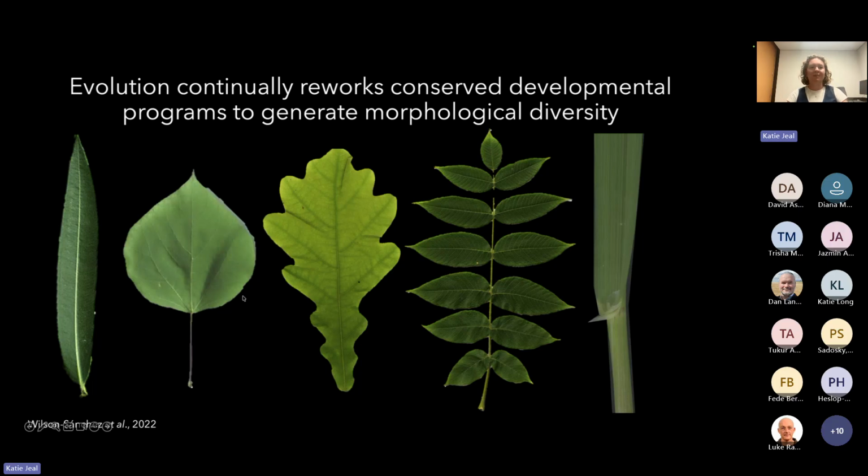So we have some simple leaves, some compound leaves, lobed leaves, and entire leaves. In the grasses, such as barley, the leaves have two distinct domains: the sheath, which protects and surrounds the stem, and the blade, which is angled away from the stem for photosynthesis.